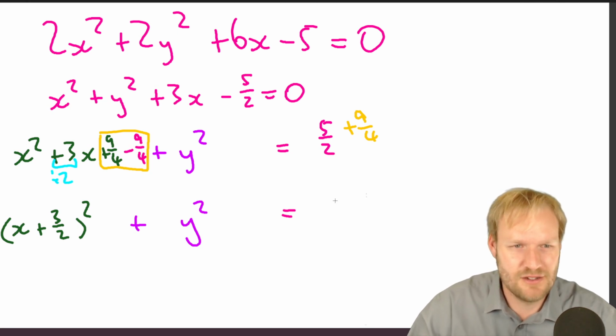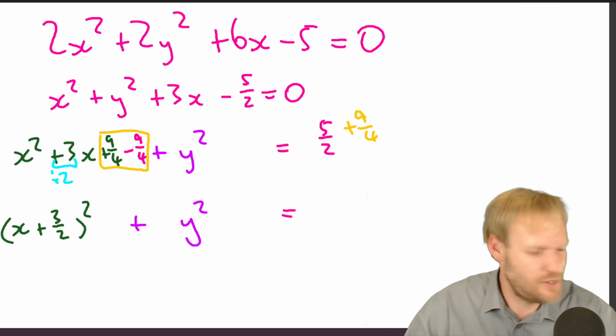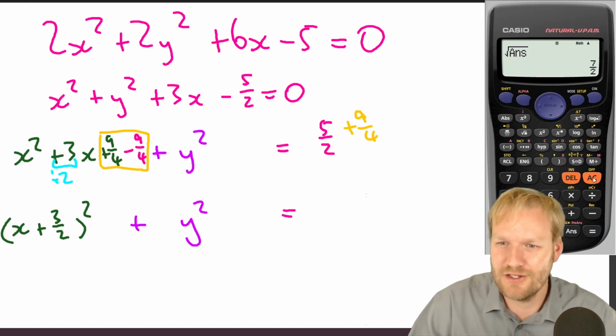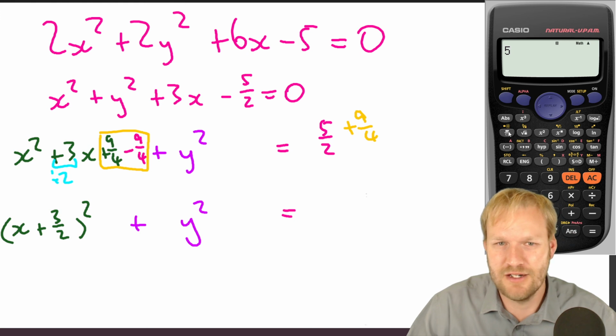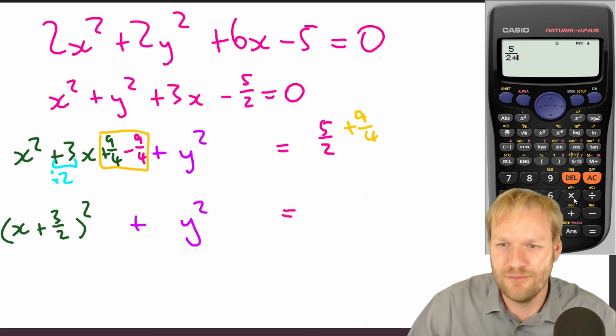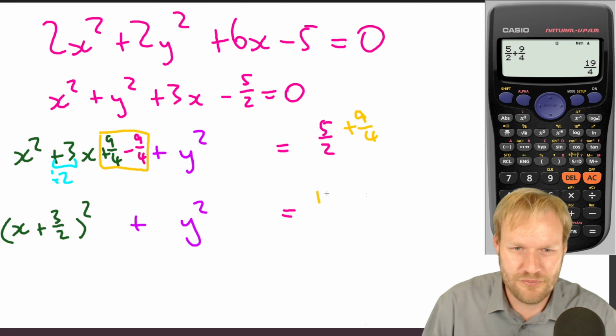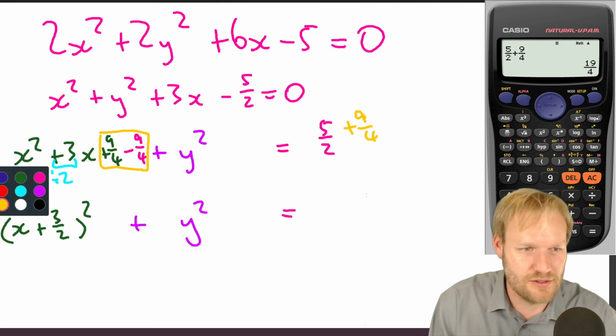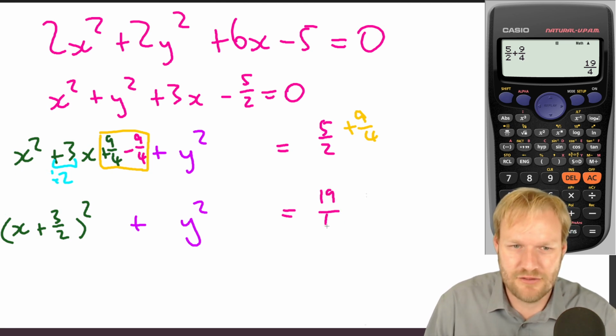Is that it? Let's have a look. Beloved calculator, why not? Okay, so we've got 5 over 2 plus 9 over 4, 19 over 4.